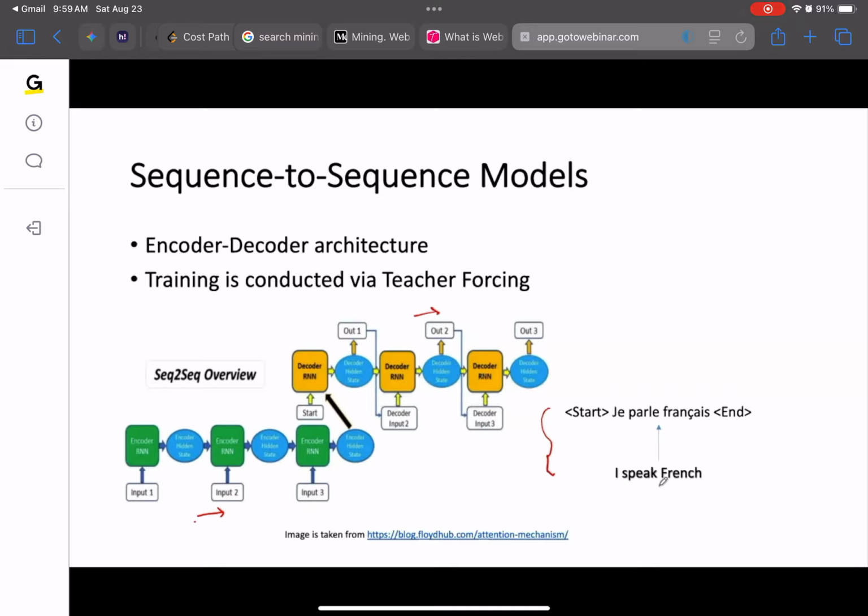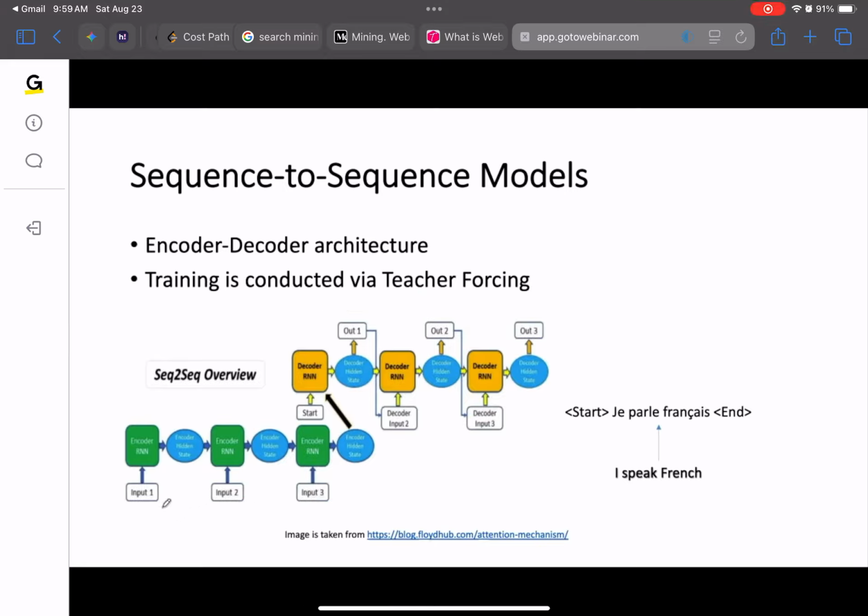Here we have an input sentence in English and we are supposed to generate the output sentence in French. In this context, let's start with the encoder part. This section is the encoder part, and this part is the decoder.